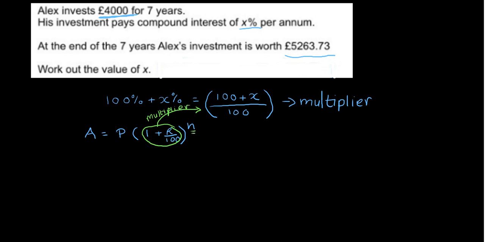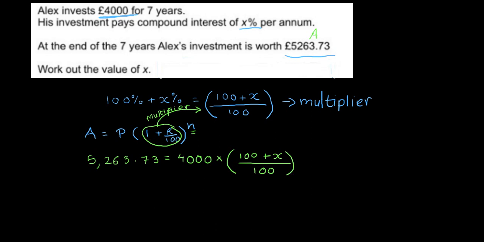Okay, so let's continue. Oh, we have the amount. Why am I writing A? Our amount is here. So that's £5,263.73. That's equal to 4,000, which is our principal, times our multiplier, which is 100 plus X over 100.